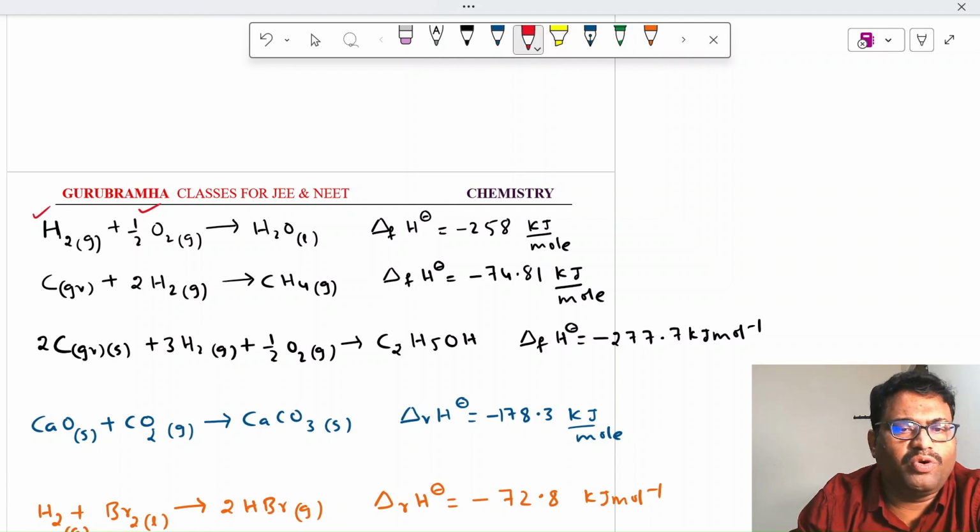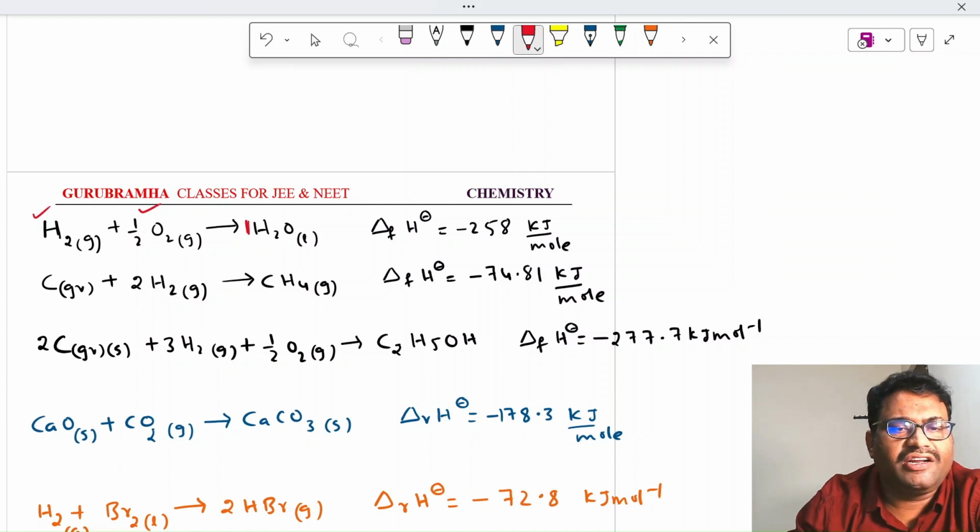So here only 1 mole, and if nothing is written, we take it as 1 mole. 1 mole of H2O is formed from the elements. What elements? Hydrogen and oxygen present in their standard state, the most stable state. Standard state means most stable state.